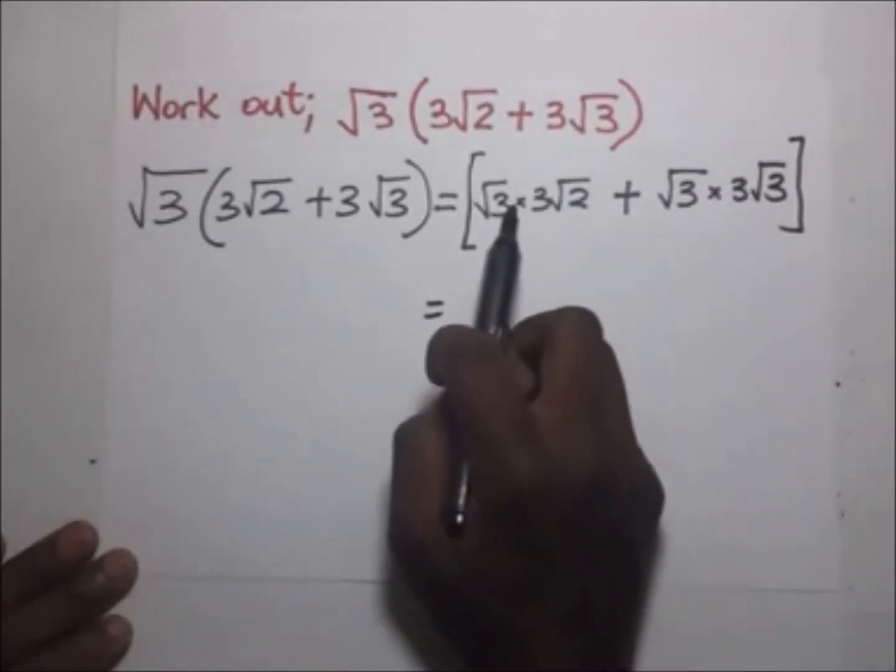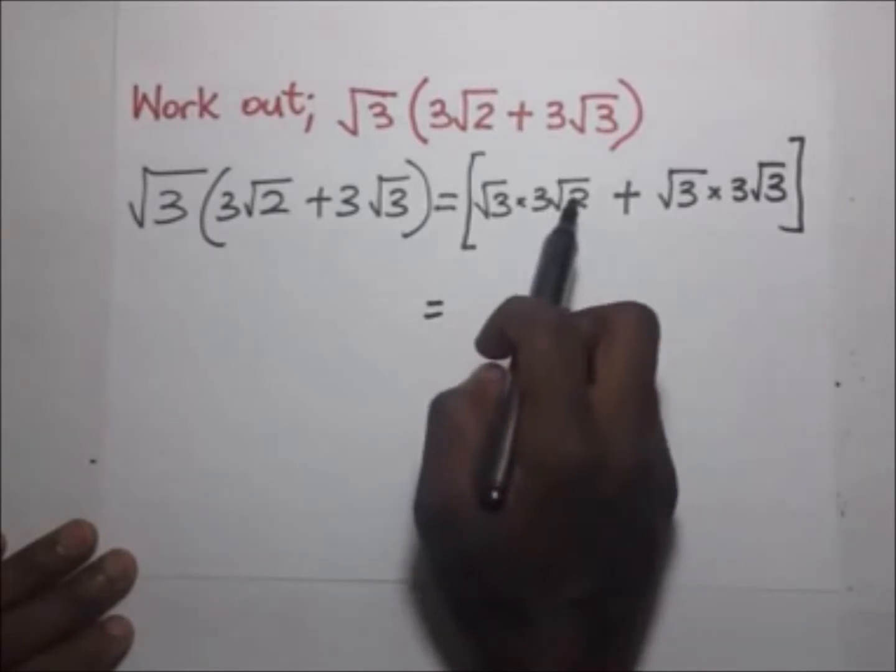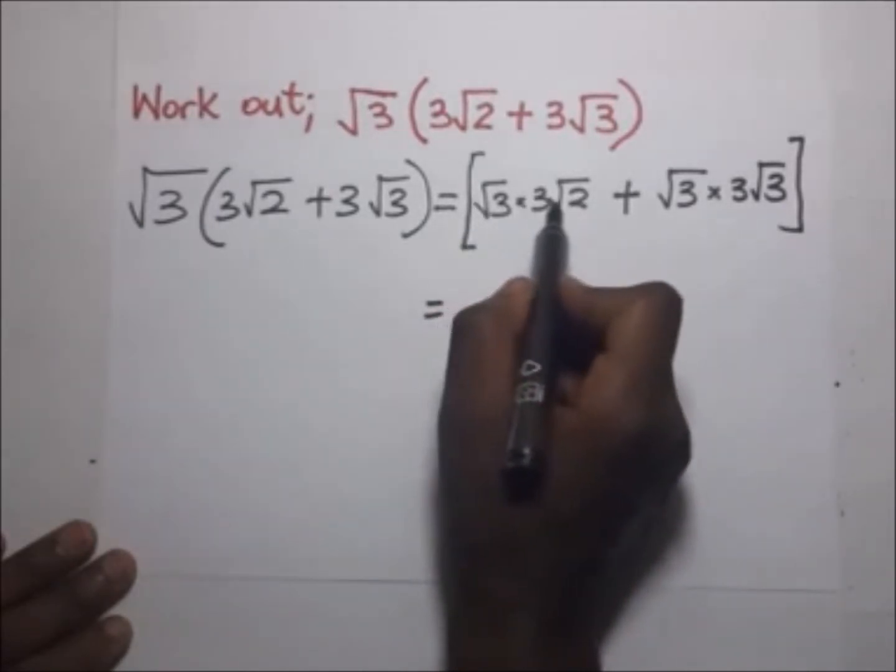So this is going to become root 3 times 3 root 3. Remember this is 1 root 3 times 3 root 3.